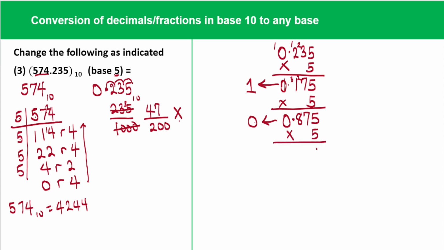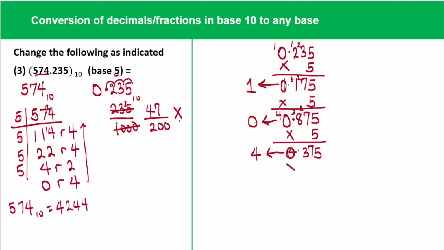5 times 5 is 25. 5 times 7 is 35 plus 2, that is 37. 5 times 8 is 40 plus 3, that's 43, we write 3, we carry 4. 5 times 0 is 0, then 4. This will be 4 point, but the 4 whole number here, we move it out again and replace here with 0.